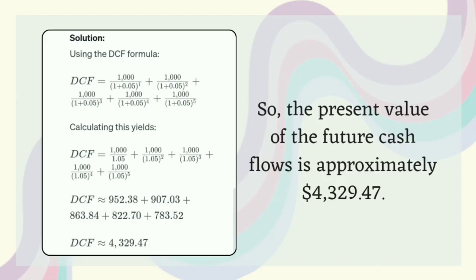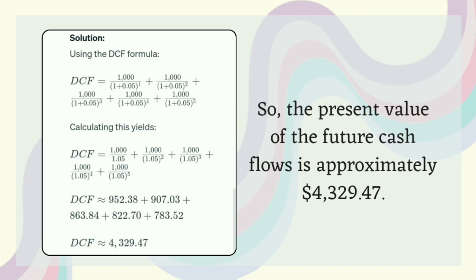So using the DCF formula, DCF is equal to 1000 over (1 plus 0.05) to the power of 1, plus 1000 over (1 plus 0.05) to the power of 2, plus 1000 over (1 plus 0.05) to the power of 3, plus 1000 over (1 plus 0.05) to the power of 4, plus 1000 over (1 plus 0.05) to the power of 5.